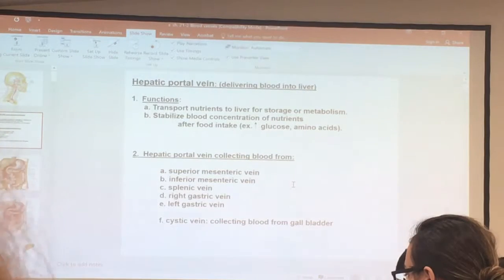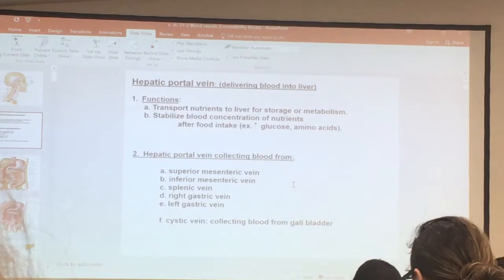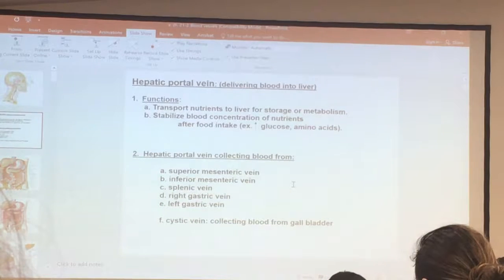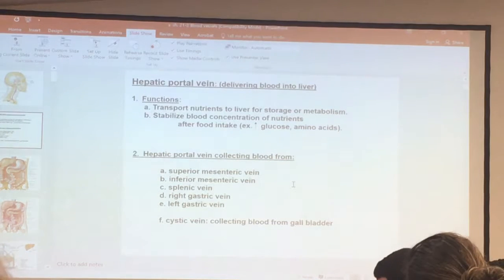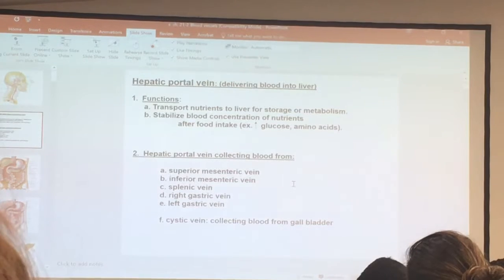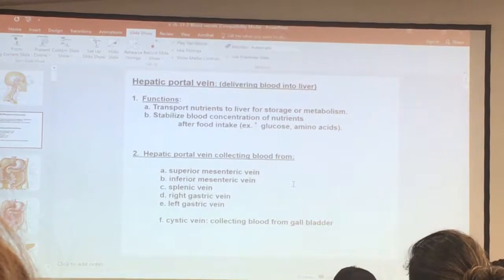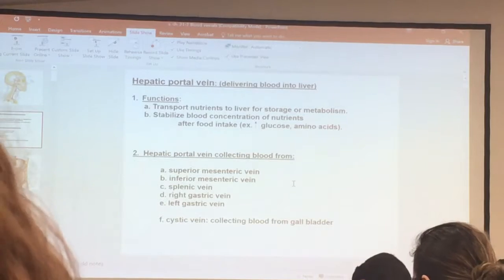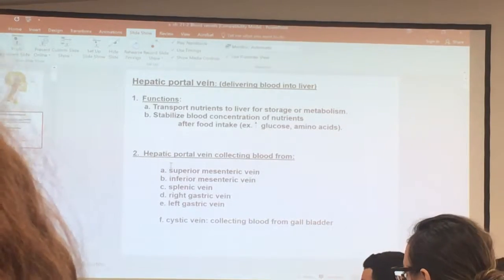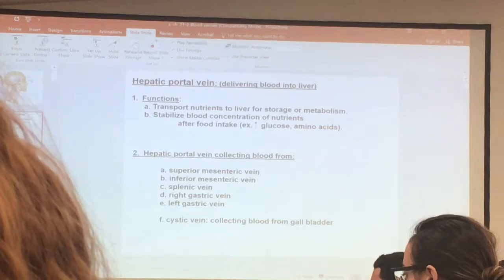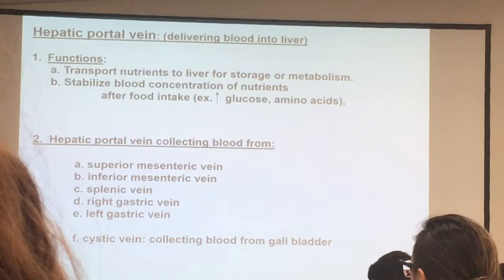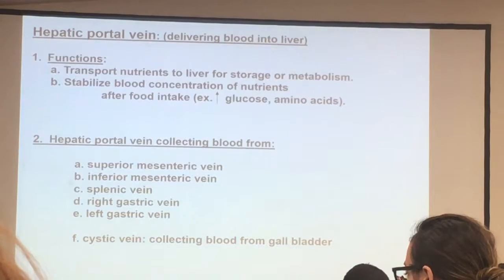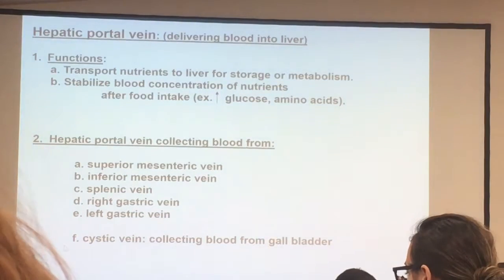Just to give you a little bit of review from last part about the liver. We had a venous system called the hepatic portal vein. That means it collects the nutrients from the abdominal cavity, the digestive system, and brings them back to the liver. It collects blood from different vessels, and this is the major one, totally 6, actually more than that.